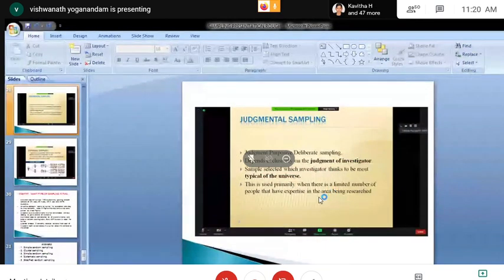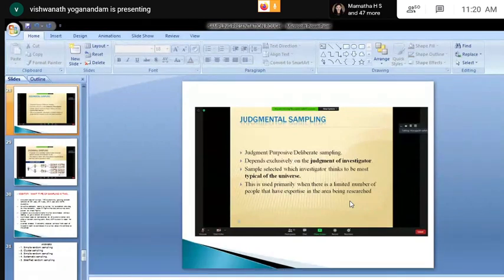Then judgmental sampling, the other names are purposive sampling and deliberate sampling. It relies exclusively on the judgment of the researcher. Suppose you are doing a study on HIV patients or leprosy patients, you can judge which person to take. That would be judgmental sampling.